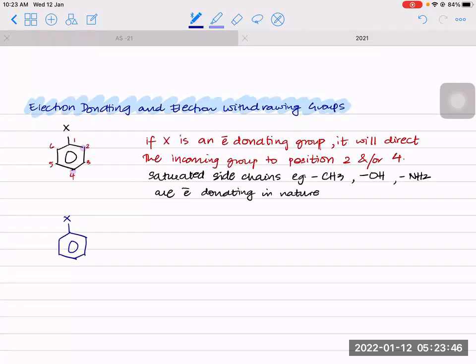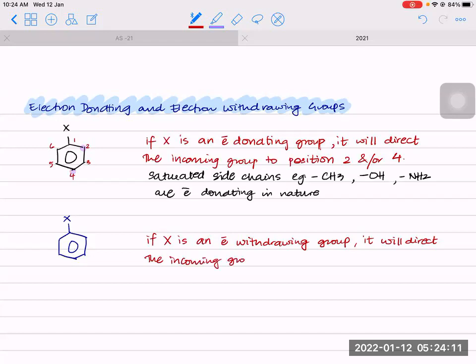So if X is an electron withdrawing group, it will direct the incoming group on position number 3.